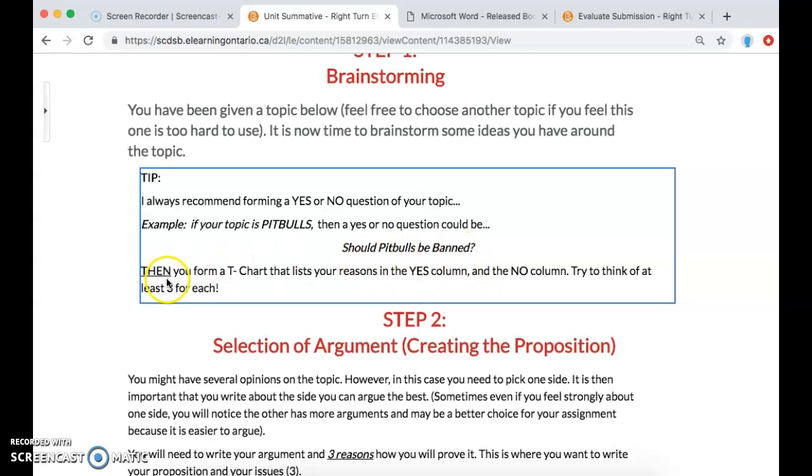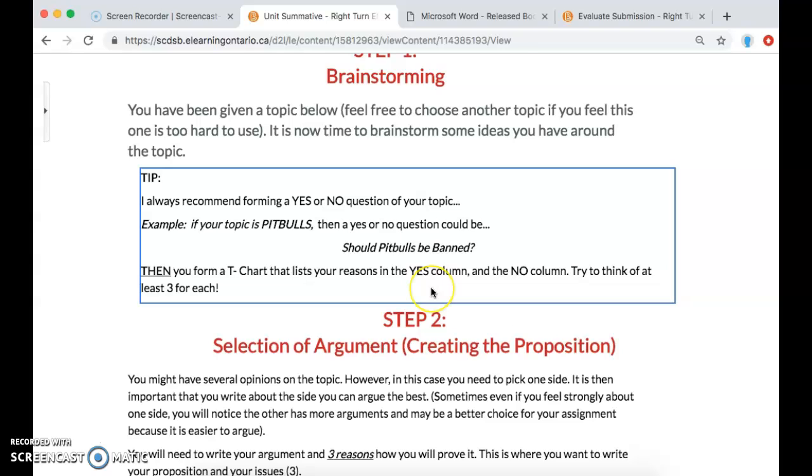So, when you finish writing your question, you make a little T-chart and you put yes in one column, no in the other, and then you try to think of at least 3 reasons for each. You can think of more than 3 reasons because then afterwards you can select the best 3 from your list and use those to form your arguments. But at the very least you should have 3, okay?